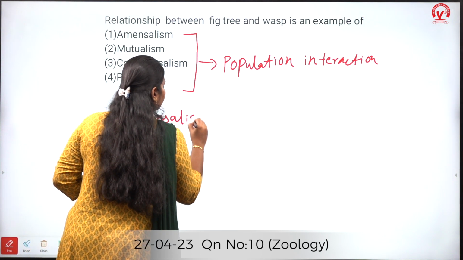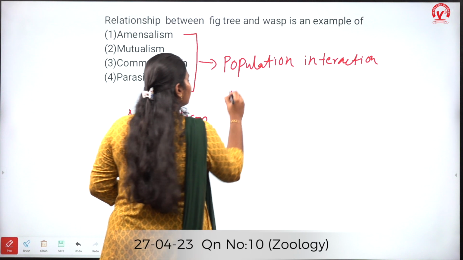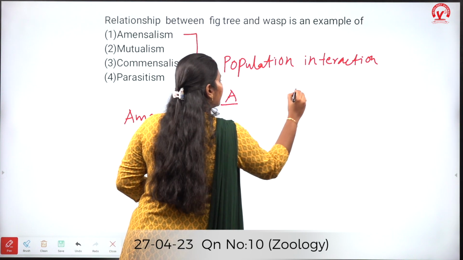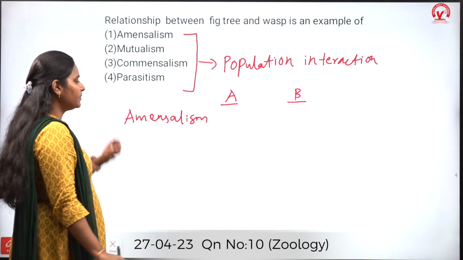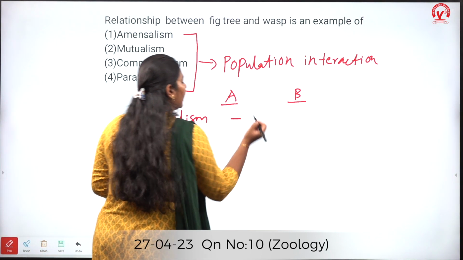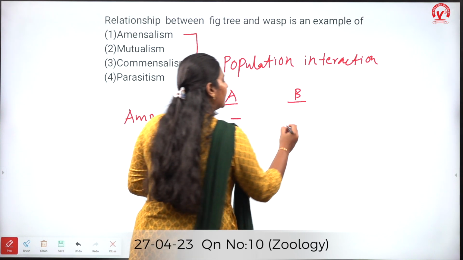So, first, amensalism. We usually have two species, for example species A and species B. In amensalism, one species gets harmed and the other species is neither harmed nor benefited.